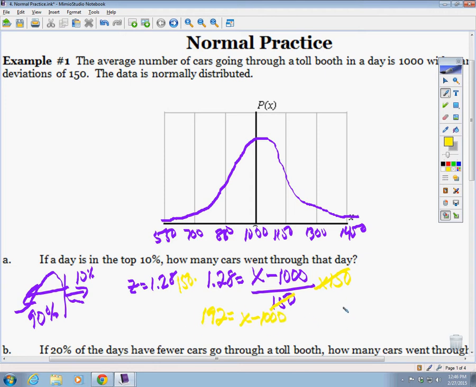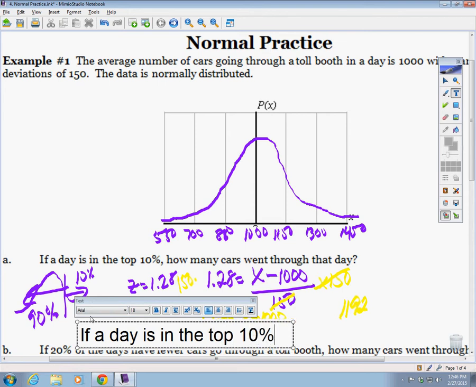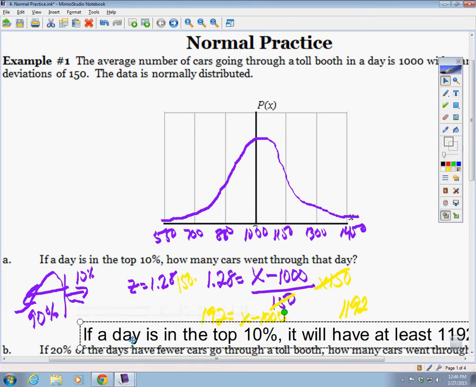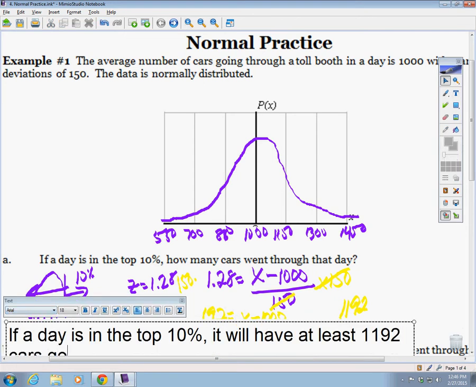Add the 1,000 over there, and we find out 1,192 would be the cutoff for the top 10%. Okay, so for our little conclusion sentence, if a day is in the top 10%, it will have at least 1,192 cars go through the booth.